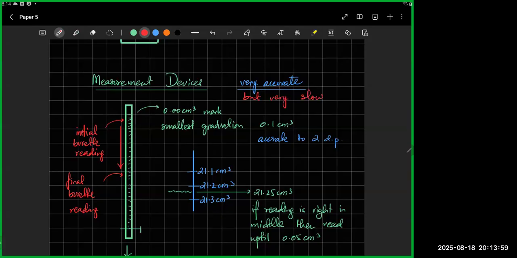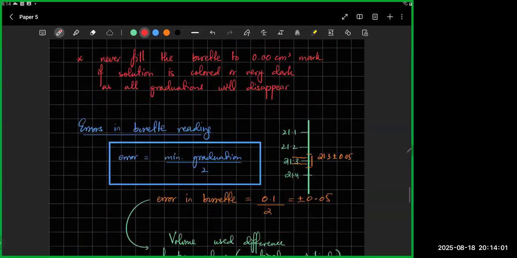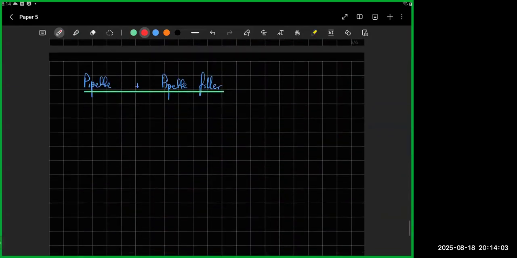It's very accurate but very slow. The same goes for a pipette. It is very accurate but slow, and it normally measures a fixed volume. You can't measure variable volumes.